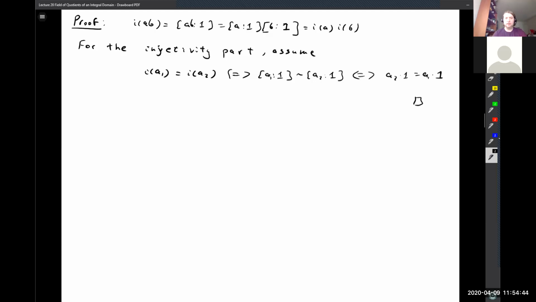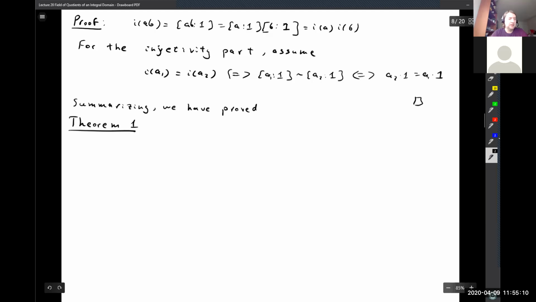Okay, so let's just summarize everything we have proved to the moment as a theorem 1. So summarizing, we have proved theorem 1, which is formulated as follows.